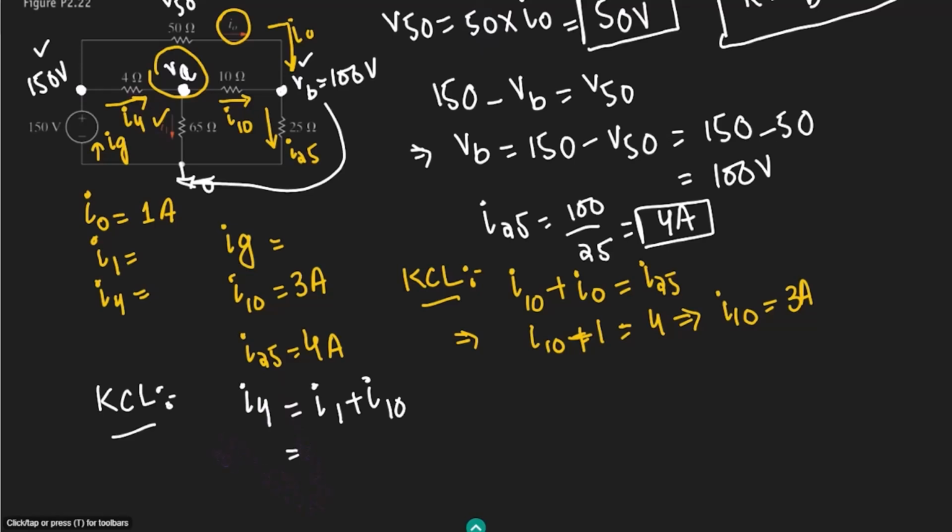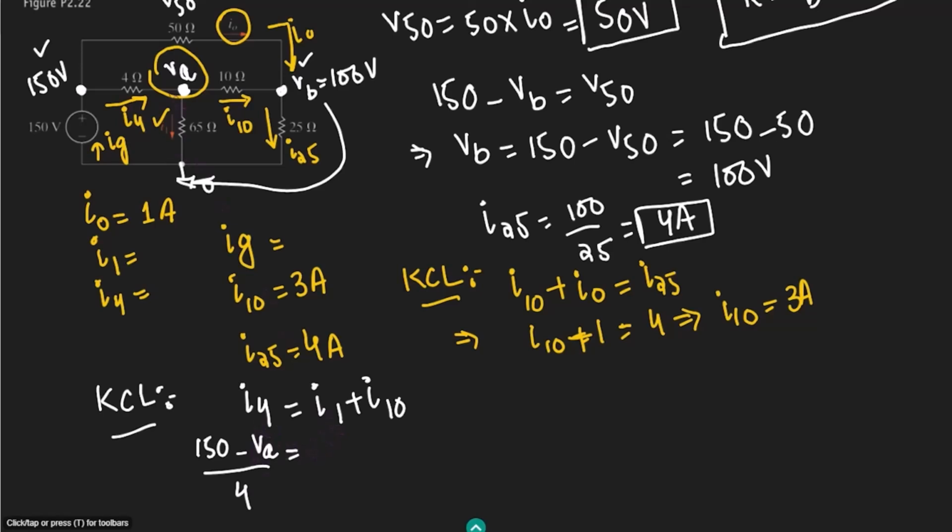Let me write them here. 150 minus VA divided by this resistance, which is 4, because potential difference divided by the resistance is equal to the current. This is the formula I have applied here.